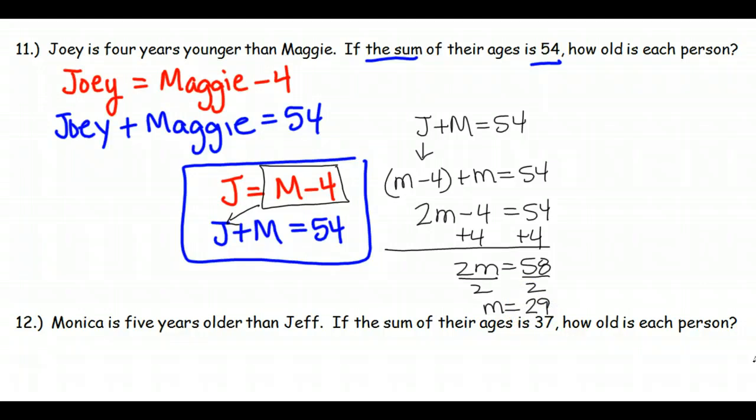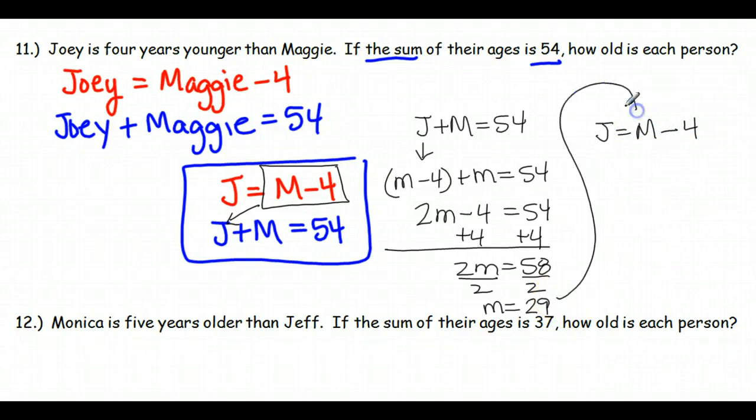Now, if I want to figure out what Joey's age is, remember that Joey is whatever Maggie is minus 4 years. Well, now I know Maggie is 29. So Joey is 29 minus 4 years. So I know that Joey is 25.